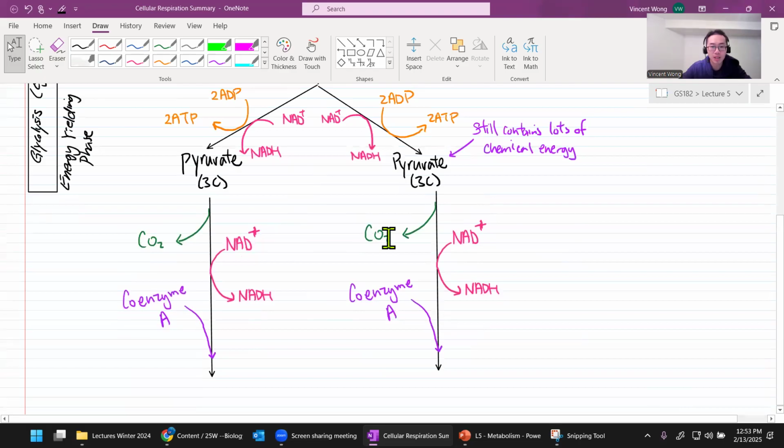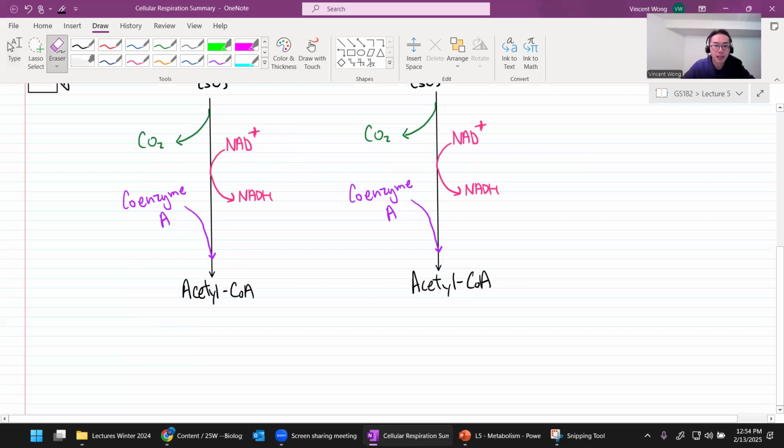Okay, so two carbon dioxide released in total per glucose, two NADH here, and then we're going to need two coenzyme A. And at the end, you are going to get something called acetyl-CoA. They're just names, okay? Don't get too hung up on why they're called this or that. I mean, there are reasons, but we're not going to go into it.